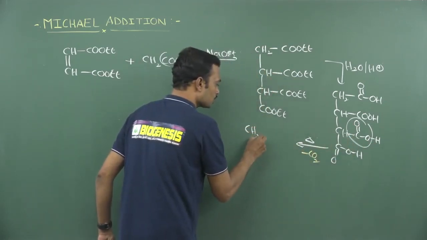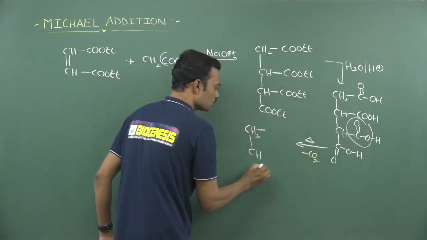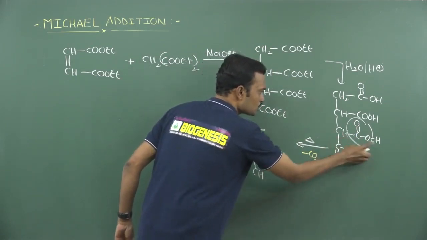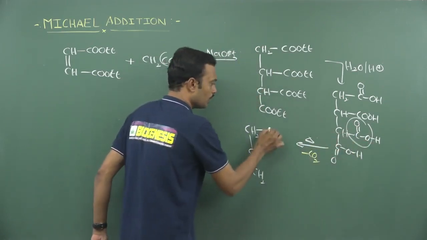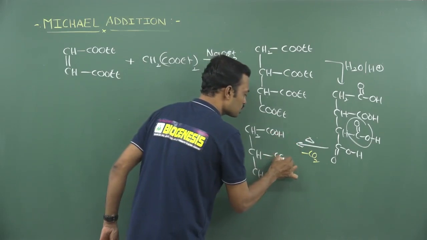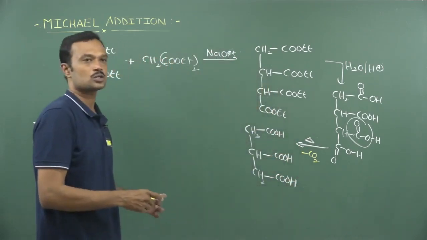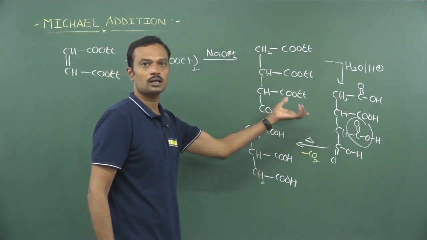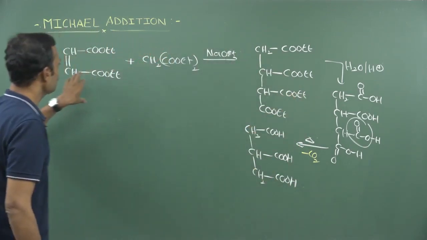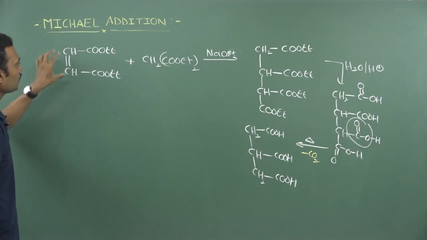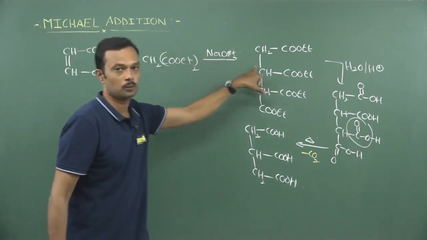After adding this, this is CH2 and here CH, and if you add this hydrogen you will get CH2, and here you convert to COOH and here also COOH. That is a tricarboxylic acid made by using a Michael addition reaction. So this is a donor and this is an acceptor, and it accepts by converting the double bond to a single bond.